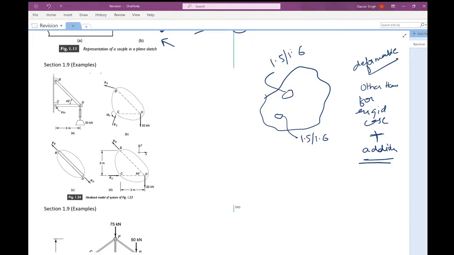Okay, and this is where we understand what deformable bodies are and become comfortable with this idea, because this will stay with us for a long time.